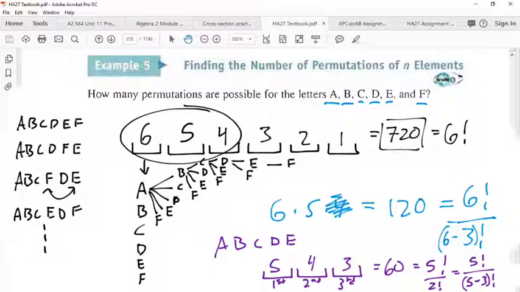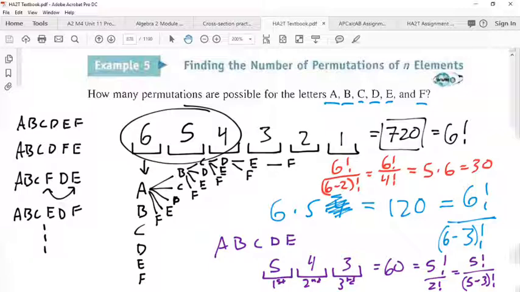How would you find that one? It'd be 6 factorial divided by 6 minus 2 to give us 4 factorial, because that's what's missing. So we're missing 4 factorial, and so this would only equal 5 times 6, which would equal 30.